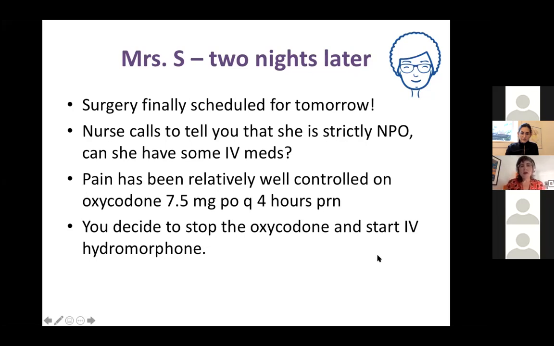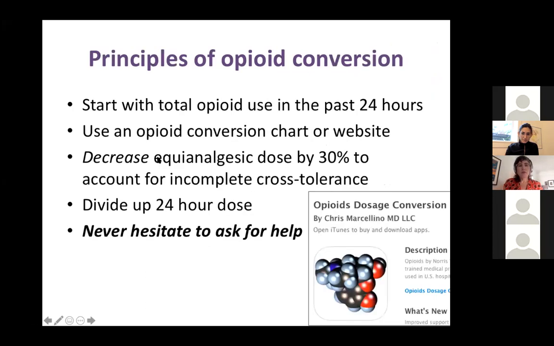You decide to stop the oxycodone and start IV hydromorphone. So what do you do to transition somebody from one opioid to another? Luckily, you don't need to start over from the lowest possible dose. What you do is start with the total opioid use in the past 24 hours.